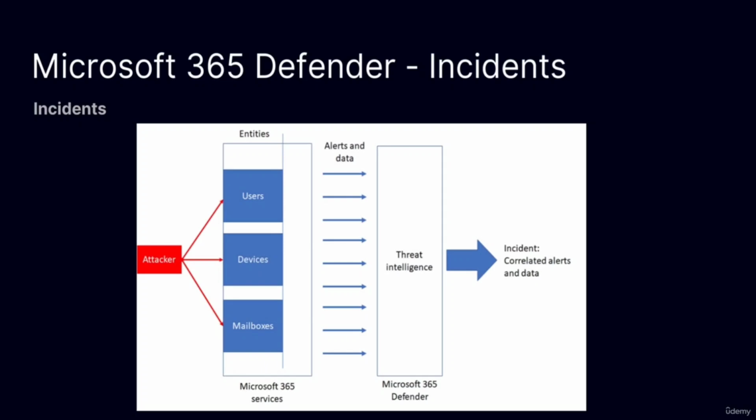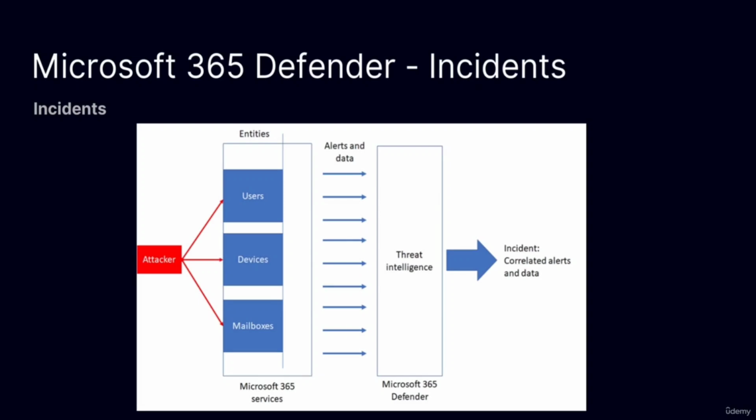So let's look at this diagram. You have an attacker basically trying to infiltrate several things. Maybe it is trying to hack the user's account by targeting identity. Maybe from the same source you are seeing that a certain device is getting hacked, and also maybe the attacker is trying to use the same user's username and password to get access into the mailbox.